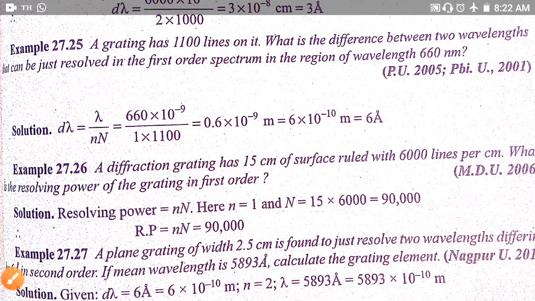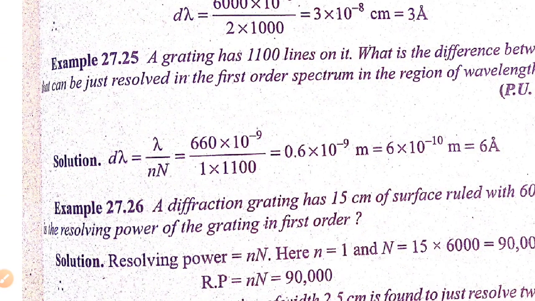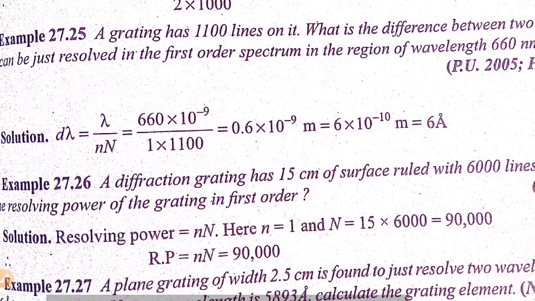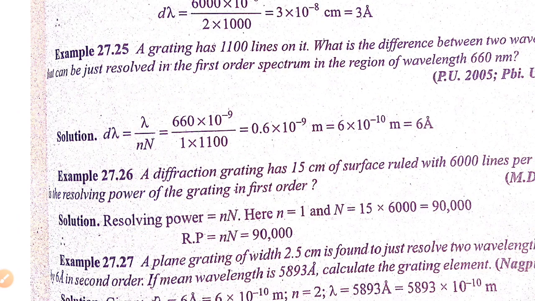A grating has 1100 lines on it. What is the difference between the two wavelengths that should be just resolved in the first order of the spectrum in the region of wavelength of 660 nanometer?